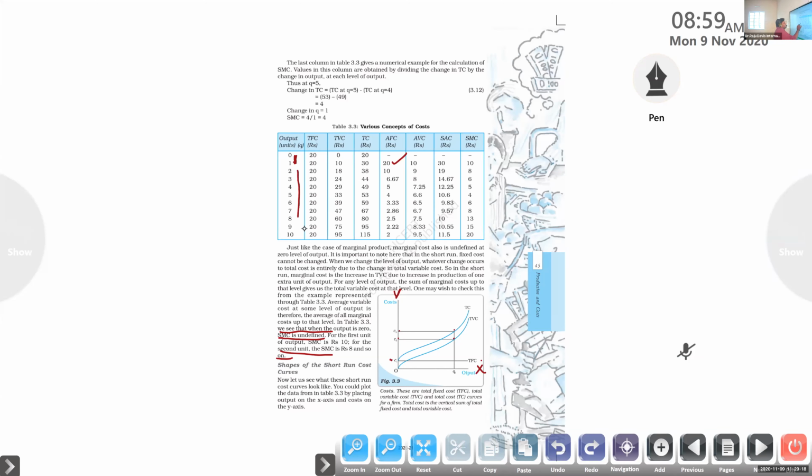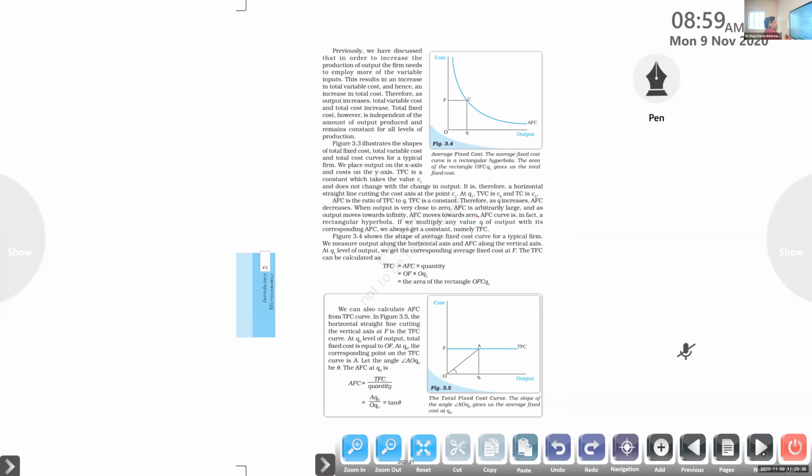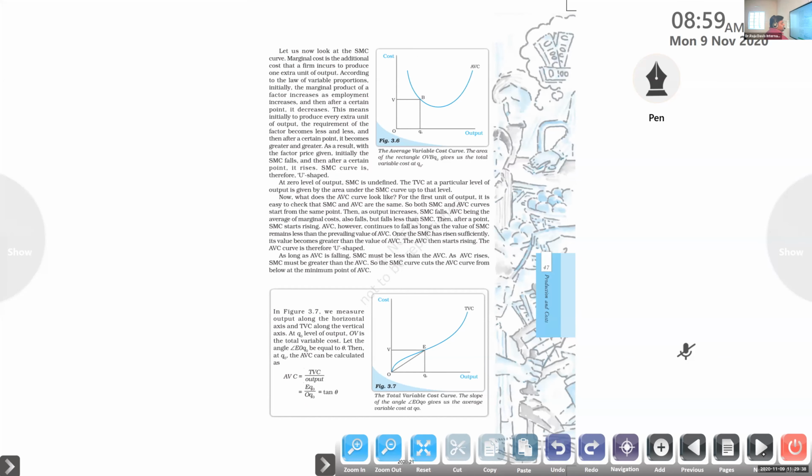Output is increasing, right? At the same time, AFC is decreasing like anything. Average fixed cost is decreasing because there is no change in total fixed cost, it is constant always. So as output increases, average fixed cost will decrease.